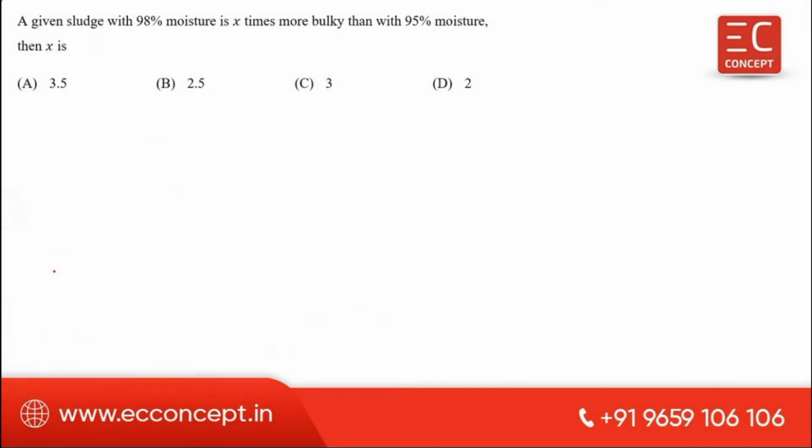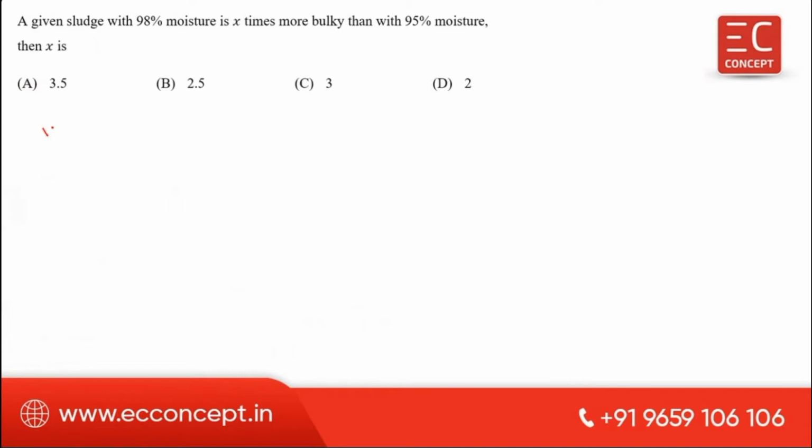The next question. The given sludge with 98% moisture content is X times more bulky than with a 95% moisture content, then X is.